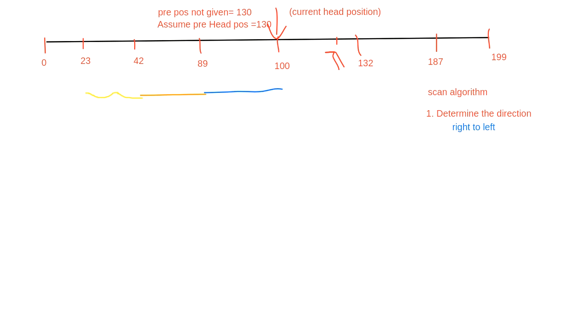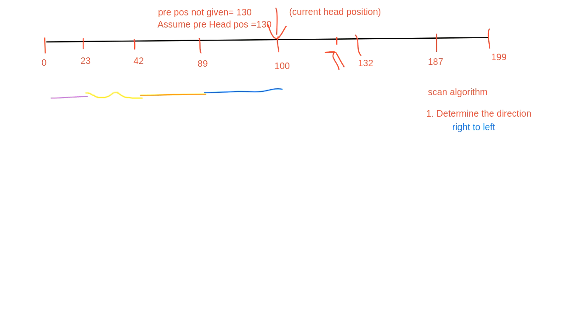Now after 23 there is no request, but the scan algorithm has no intelligence. It doesn't think. What it will do is directly go to the last floor, that is 0.